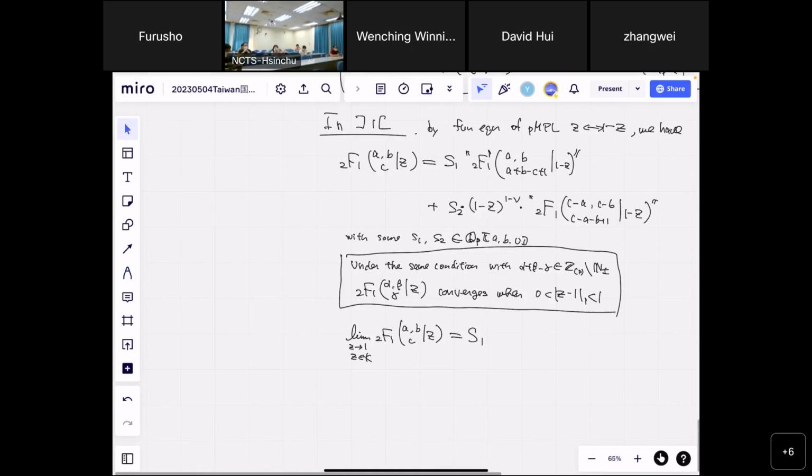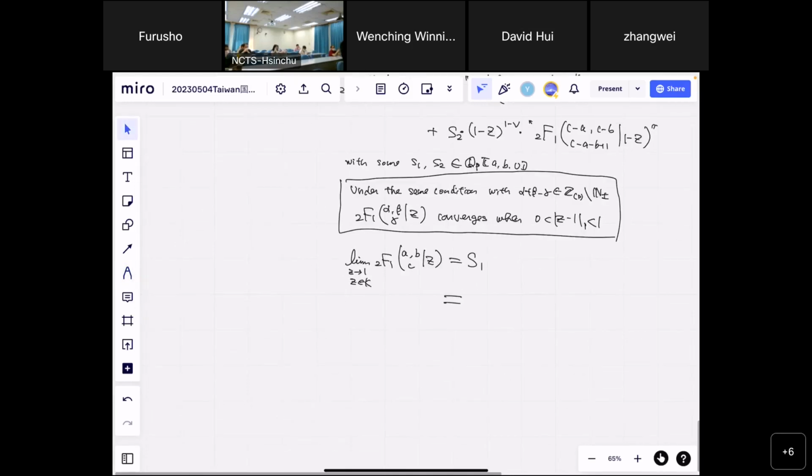And this is the point 1. So there's no dependency on G. So if you consider G equals 1, this value is S1. And the next, I have to skip that. So here we have to use some kind of p-adic associators.